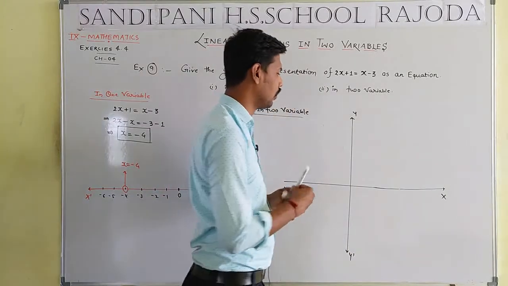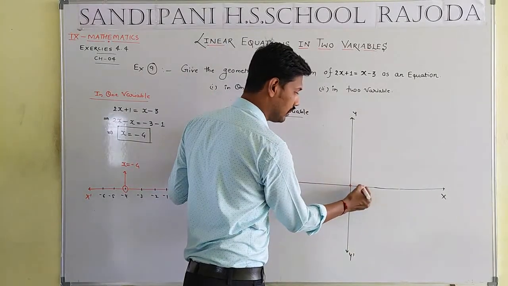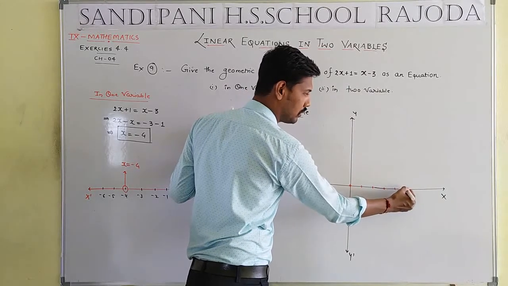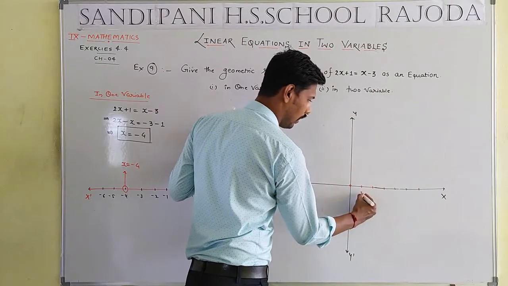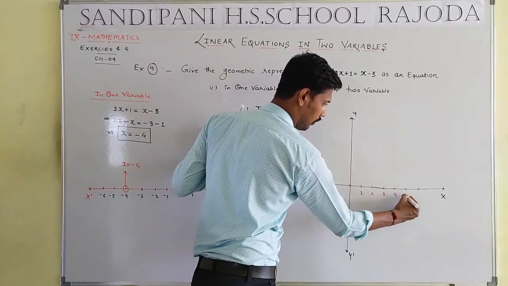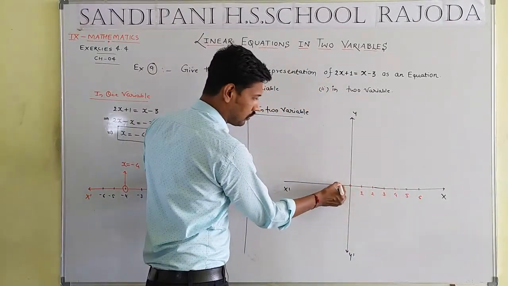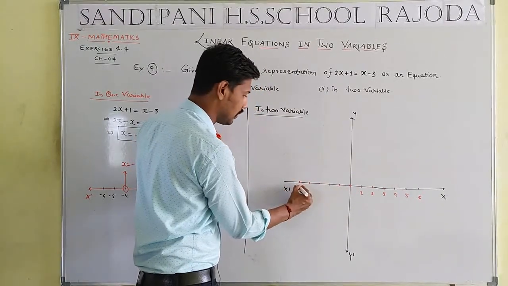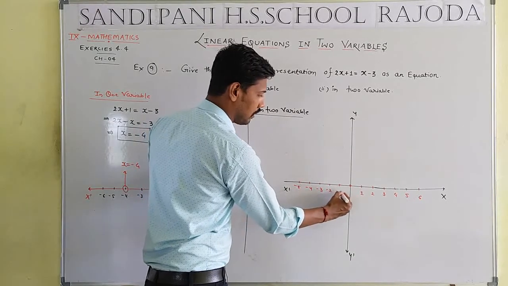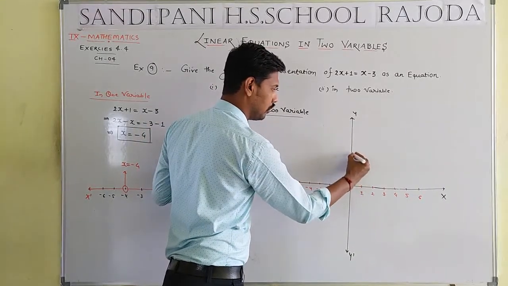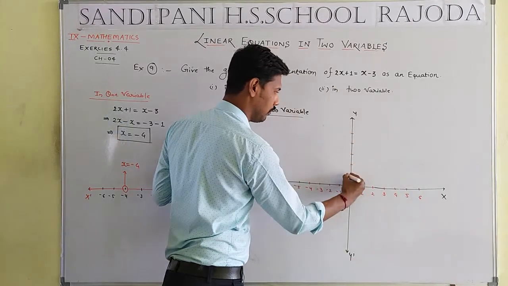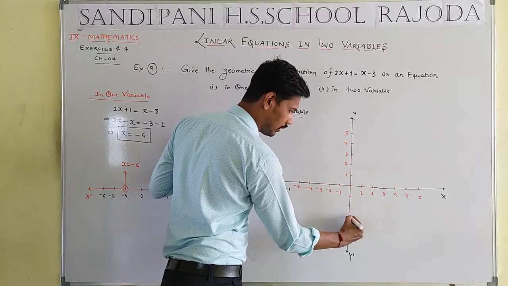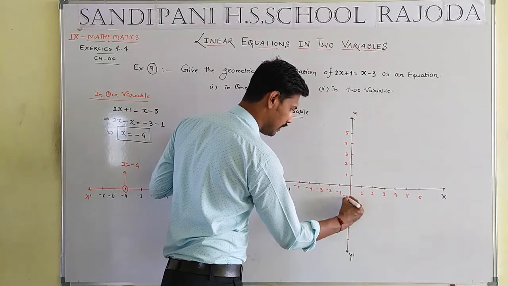Let me consider O is a origin, then positive 1, positive 2, positive 3, positive 4, positive 5, positive 6. 1, 2, 3, 4, 5, 6. Minus 1, minus 2, minus 3, minus 4, minus 5. That means now upper side positive 1, positive 2, positive 3, positive 4, positive 5. Downside minus 1, minus 2, minus 3, minus 4, minus 5.